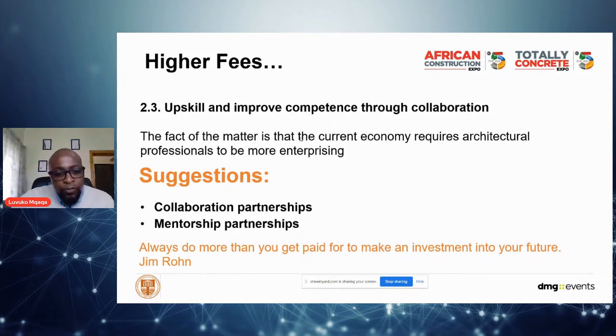He said, always do more than you get paid for to make an investment in your future. And this doesn't necessarily mean charging low fees. What it means is you charge what is fair to you and the client, but you go the extra mile in educating and guiding the clients.